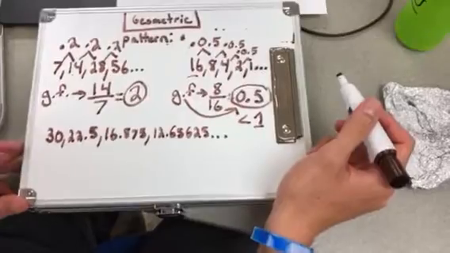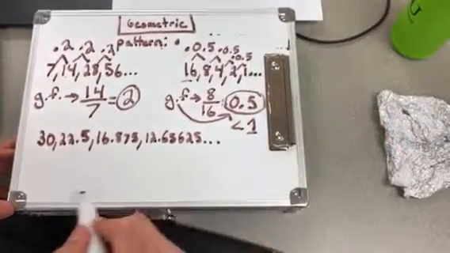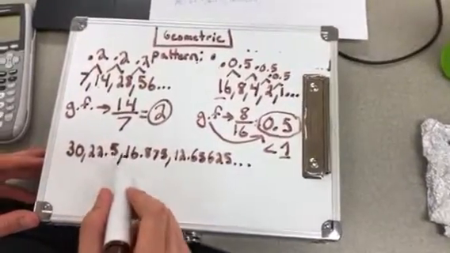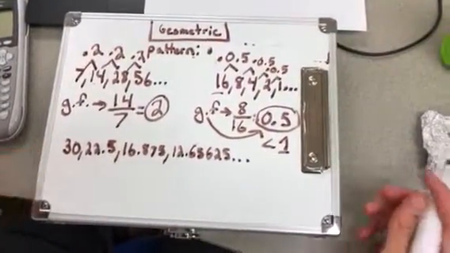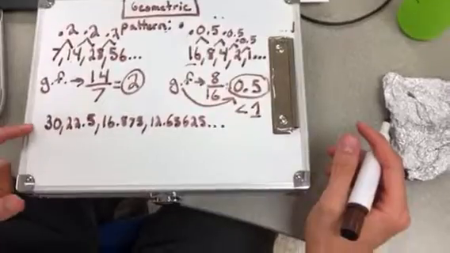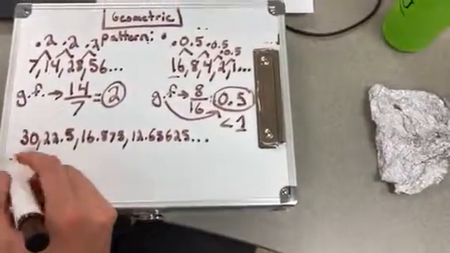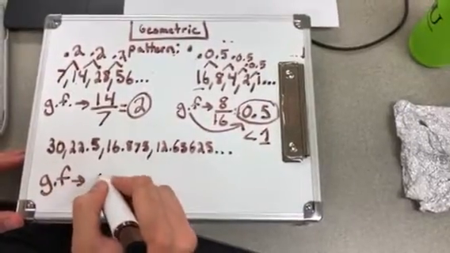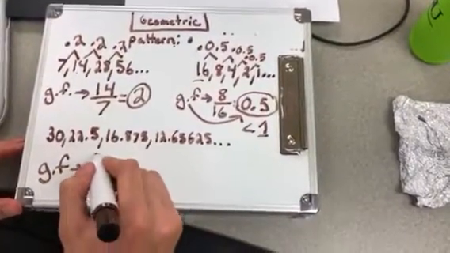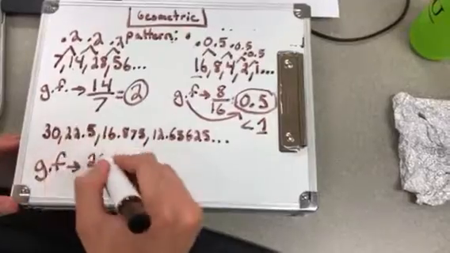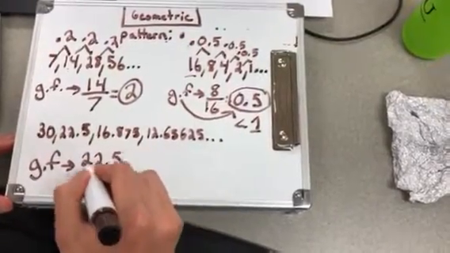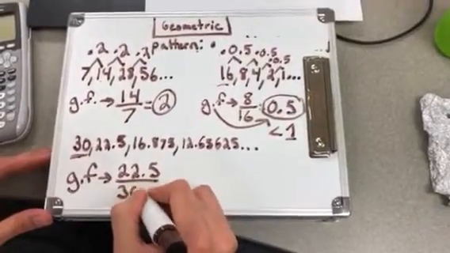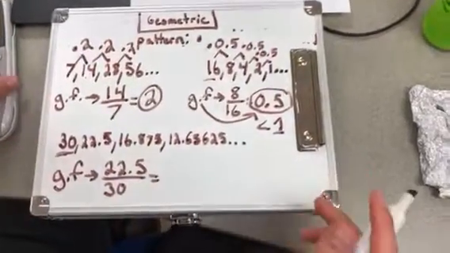All right? So we're going to take a look at one more sequence that is a little bit more confusing because if we notice, we see decimals in this sequence, right? Again, don't be scared. We treat this just like any other sequence. So to double check if it's geometric, I first find my growth factor. I take the second term, 22.5, and I divide it by my first term, 30, to figure out what my growth factor is.